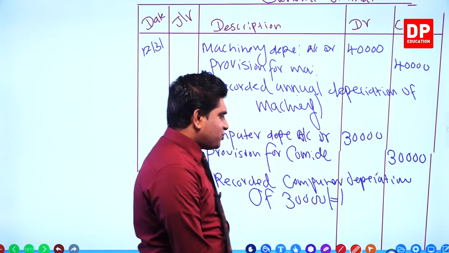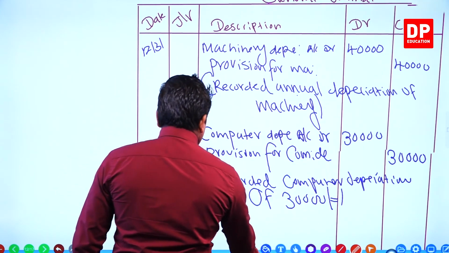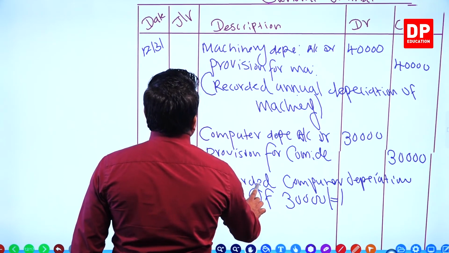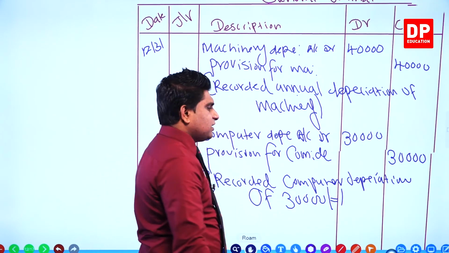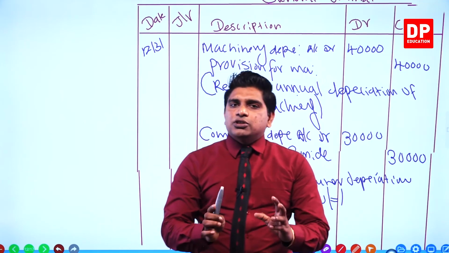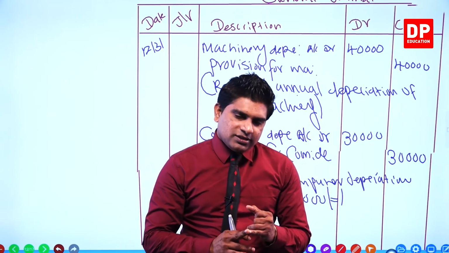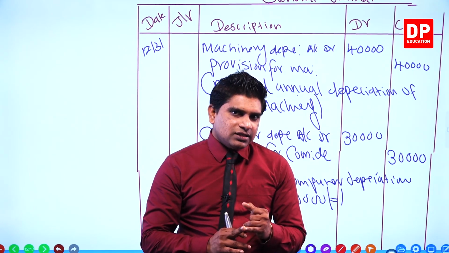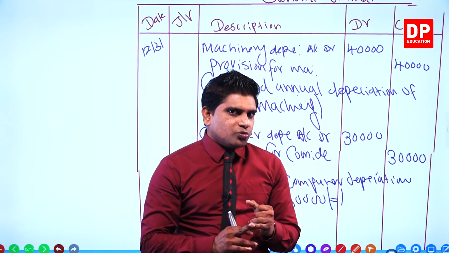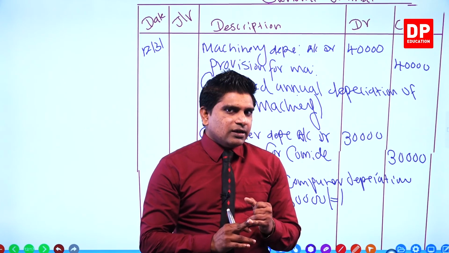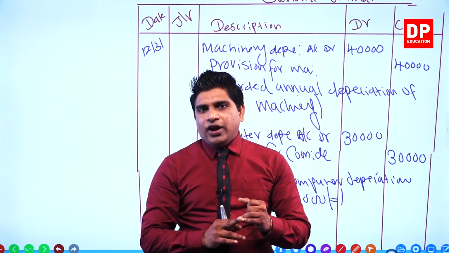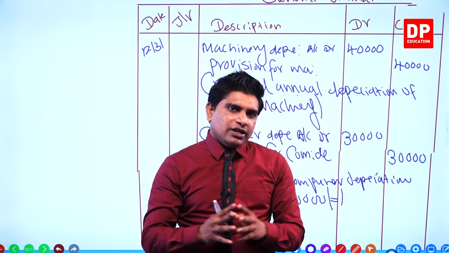Now bad debts. Right? Only bad debts. Then I think you can do bad debts, no? Can't. Here you have to do the bad debts ledger accounts part and the financial statement details, right?